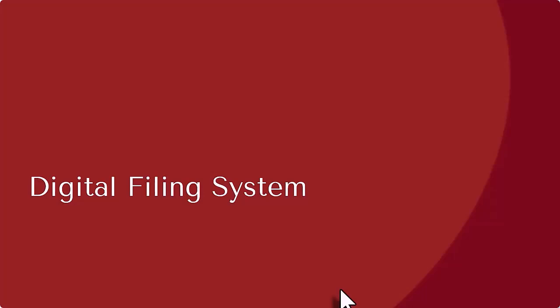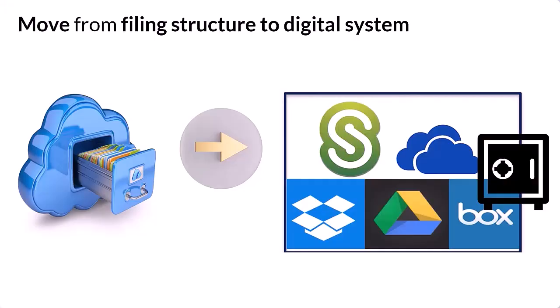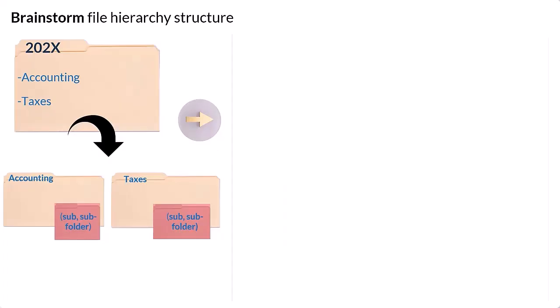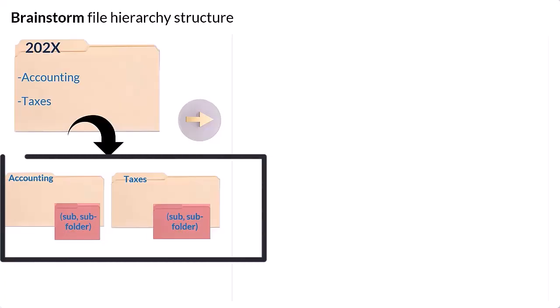Now, how does this tie into the digital filing system? Remember when we covered moving from that filing structure concept and even this money in and money out methodology to building a digital system? What we want you to think about is that as you're doing this work, you are brainstorming that structure of your documentation. You're separating accounting transactions from taxes transactions.